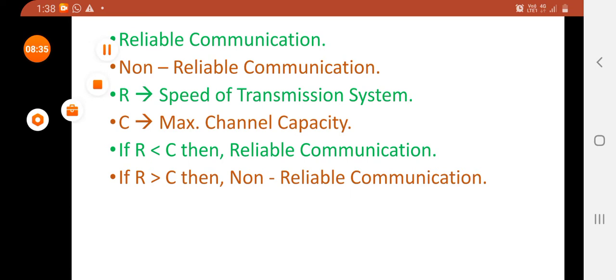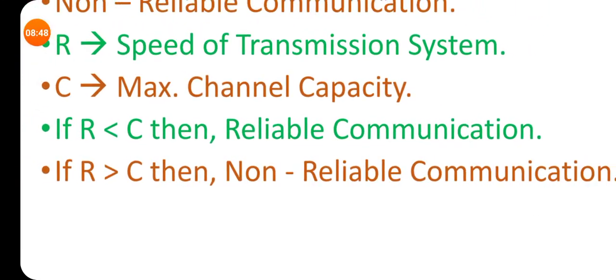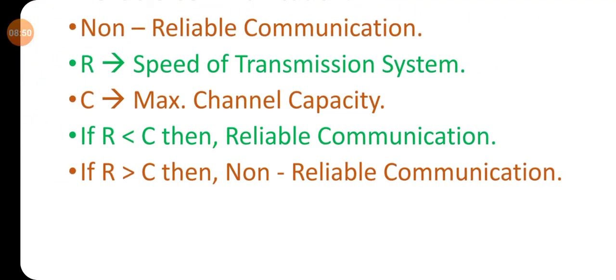Clear? Okay, now next one is if R is greater than C. If R is greater than C, then it provides non-reliable communication. Why does it provide non-reliable communication? Because the speed of our transmission is more than channel capacity.